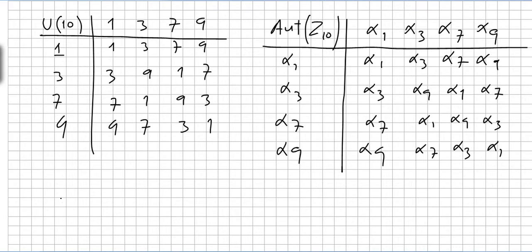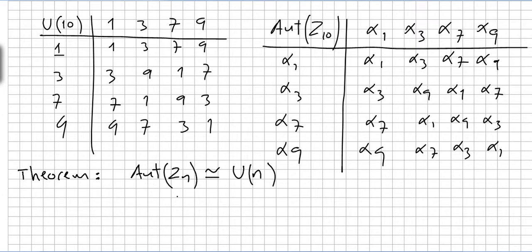And knowing this, I leave a last theorem that I'm going to leave without a proof. If anybody wants a proof, they can ask me, and I can do another video. So the theorem says the automorphisms of Zn are isomorphic to the units Un.